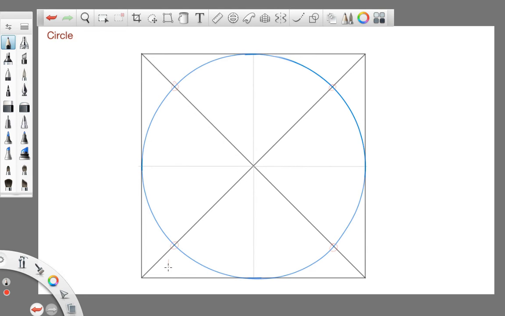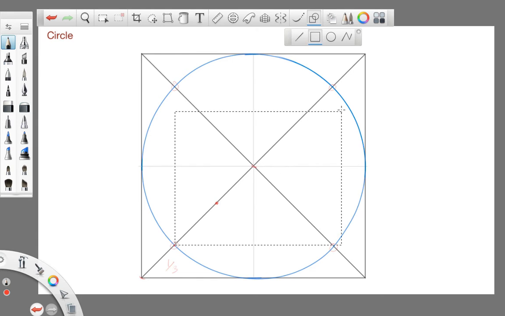Now these are actually at a 1/3 position of one diagonal part. So there's number 1, and probably here would be the other 2/3 points. If we would take a rectangle and start drawing from there, we can draw a rectangle to the other side, and you will see that a smaller rectangle can fit in there.